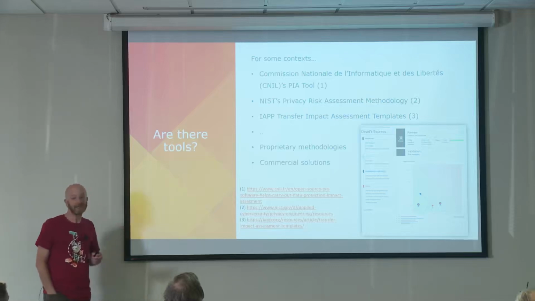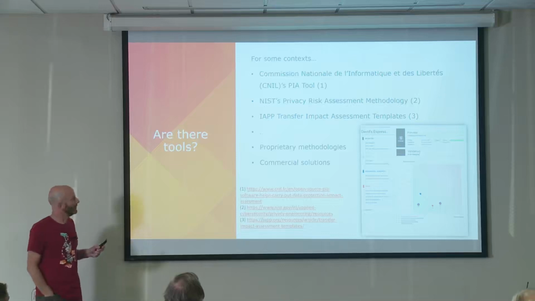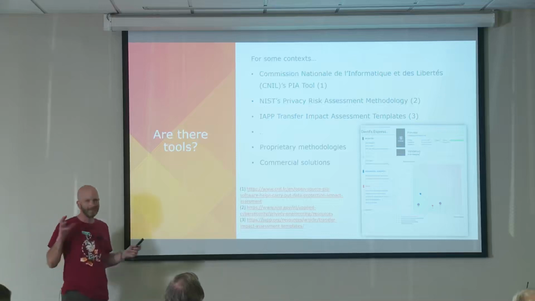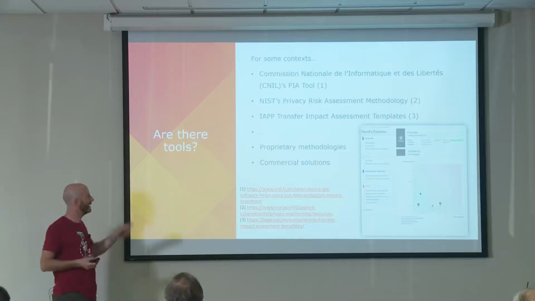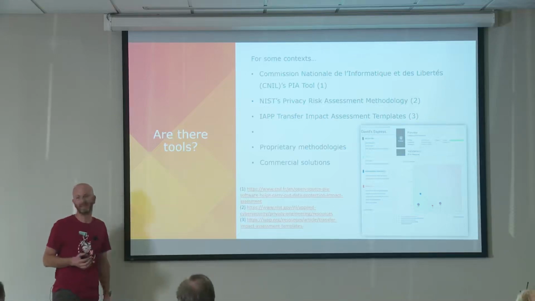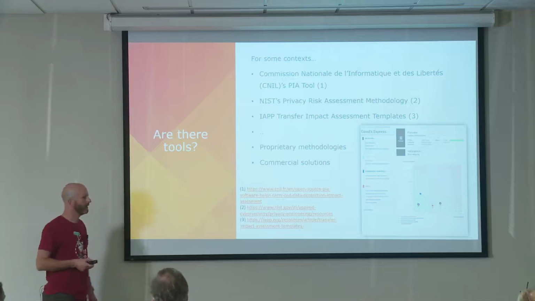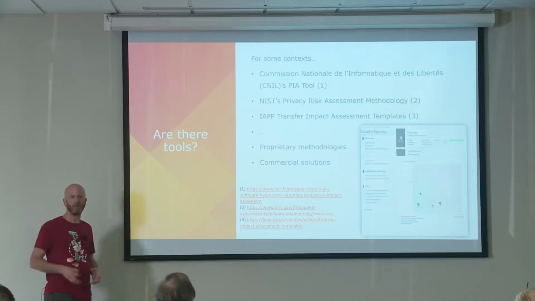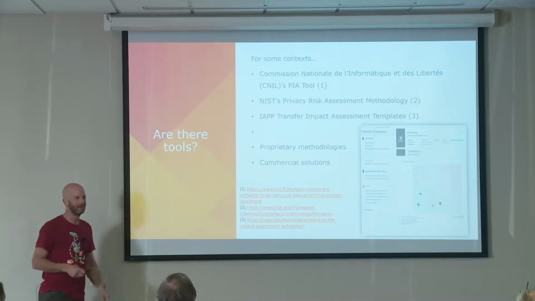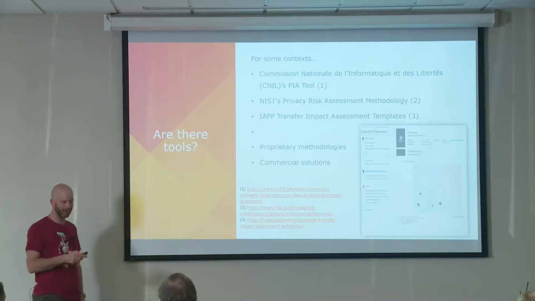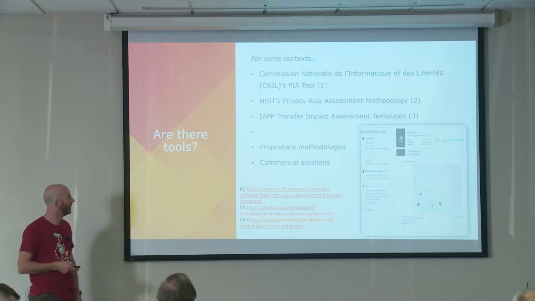We mentioned NIST's methodology. If you're interested in transfer impact assessments, again, probably go hire a lawyer, but the IAPP has published some Excel templates you can play with. And of course, there are lots of commercial tools that tell you they'll automate it for you and do it all by themselves without you even looking at it. So here are some things to look into.